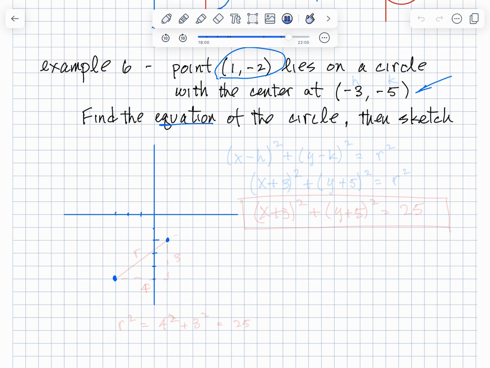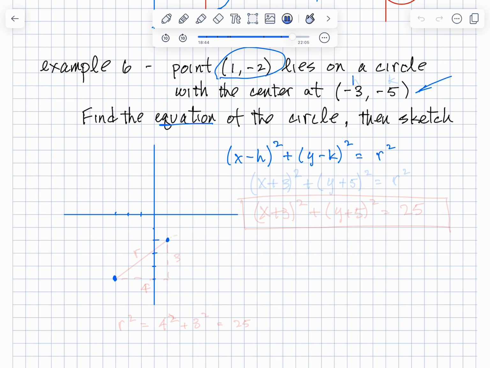Now, the equation we want is the standard equation. So we have to have the standard form equation of a circle, and we remember that that is x minus h squared plus y minus k squared equals r squared. And we know that h and k are coordinates of the center.